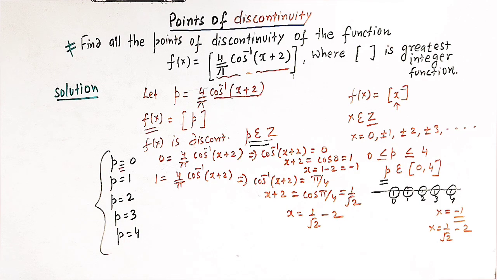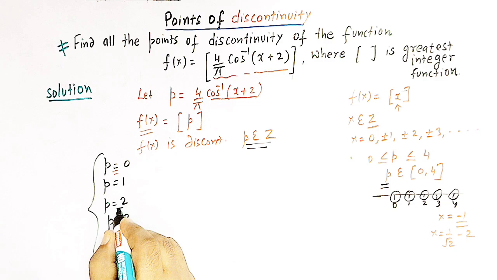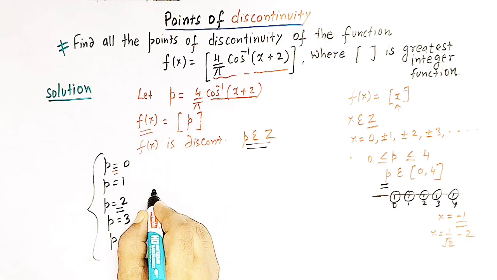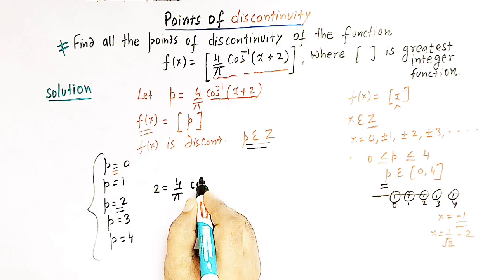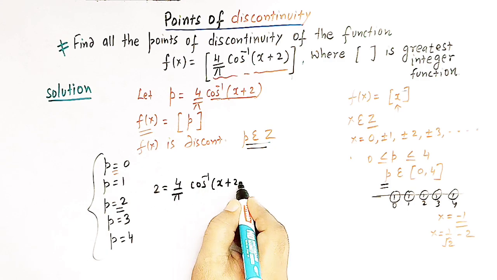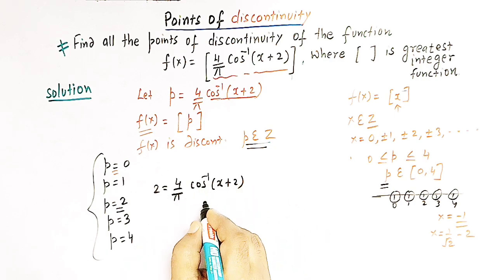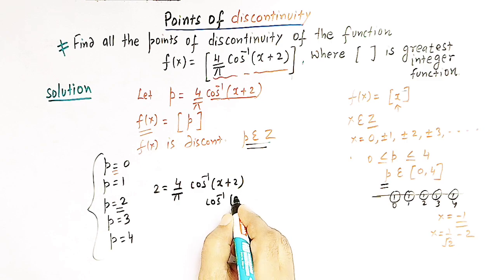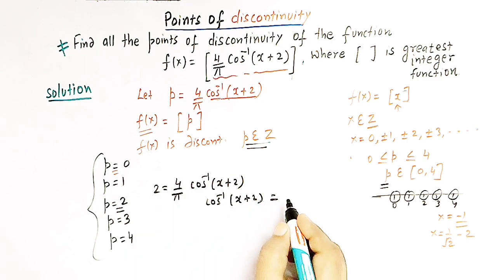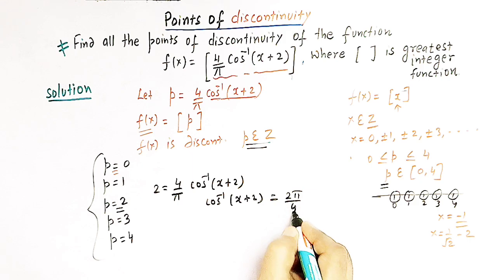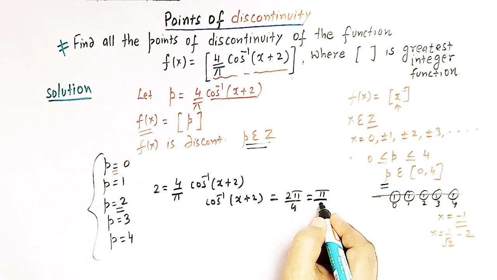Now let us take p is equal to 2. So when p is equal to 2, we have 2 is equal to 4 over pi cos inverse (x plus 2). So we can solve this equation. We have cos inverse of (x plus 2) is equal to 2 pi by 4, right? 2 pi by 4, this is pi over 2.